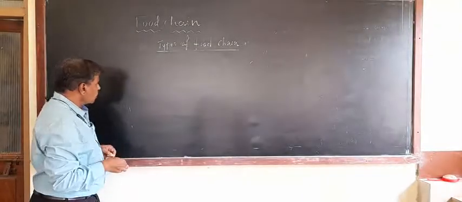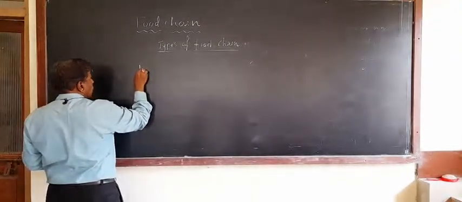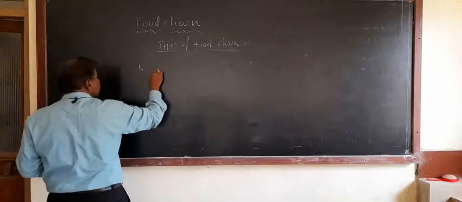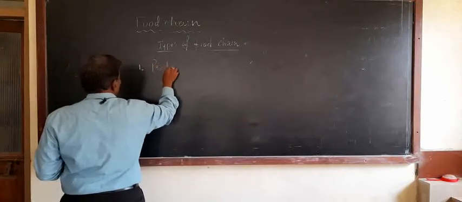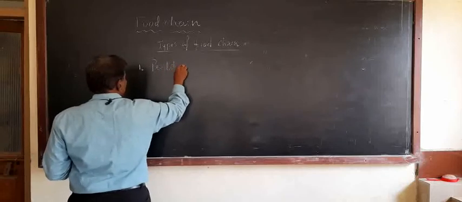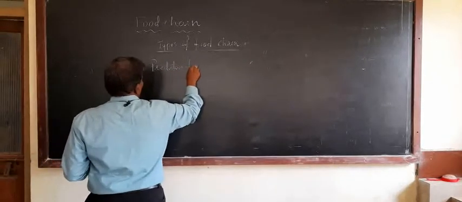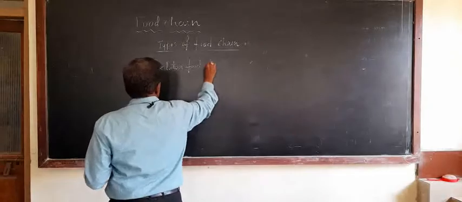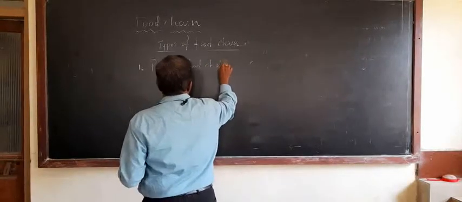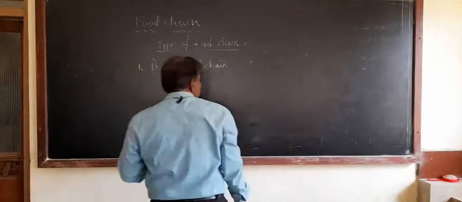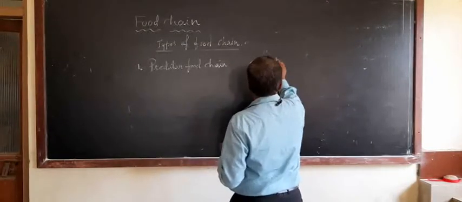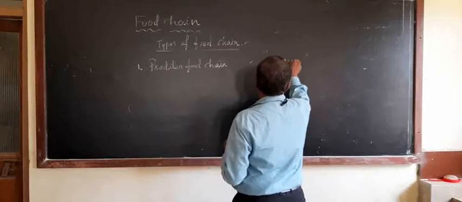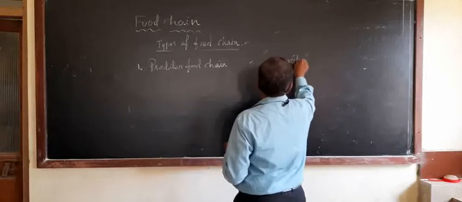The very first kind of food chain is usually called the predator food chain. The second kind of food chain is usually called the parasitic food chain.